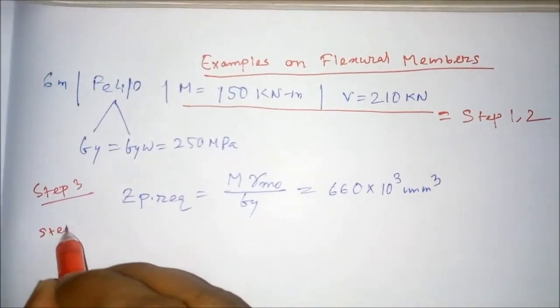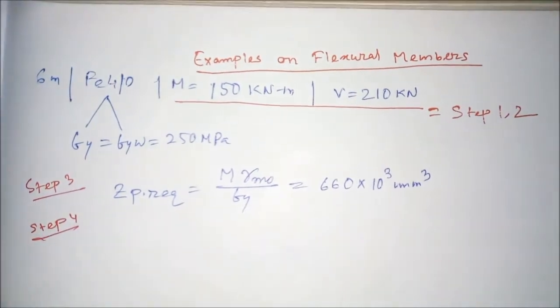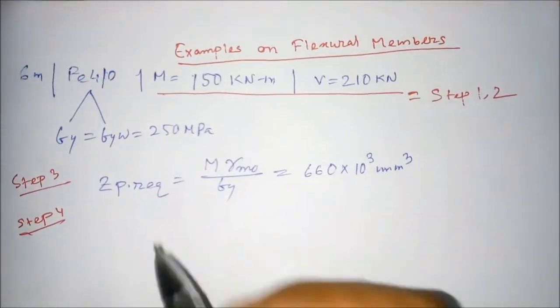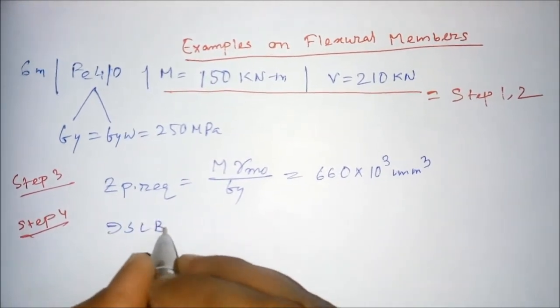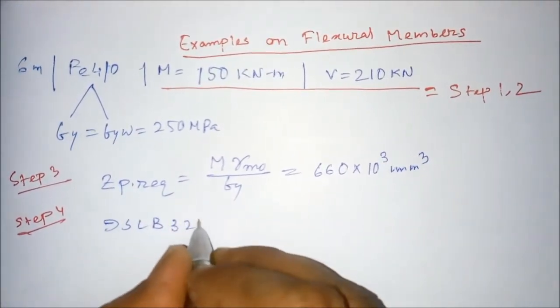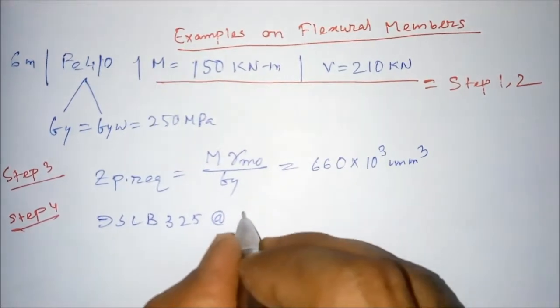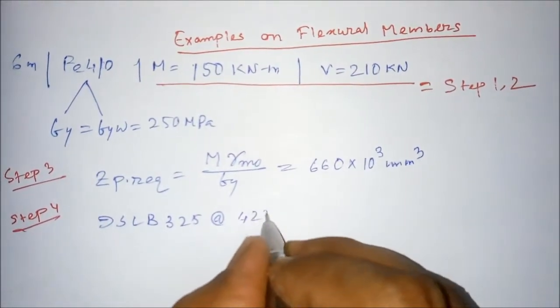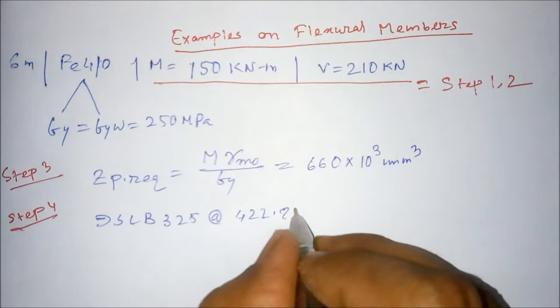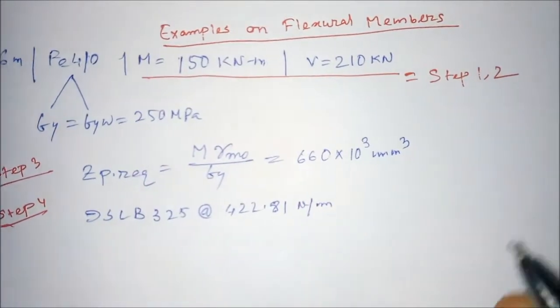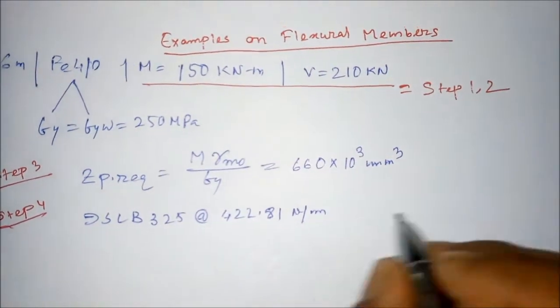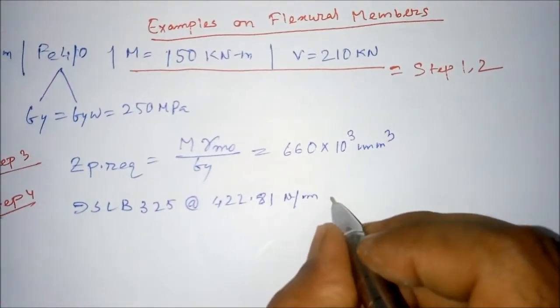So in step 4 we have to assume one section. Let us take ISLB 325 at the rate of 422.81 Newton per meter. Let us take this section.